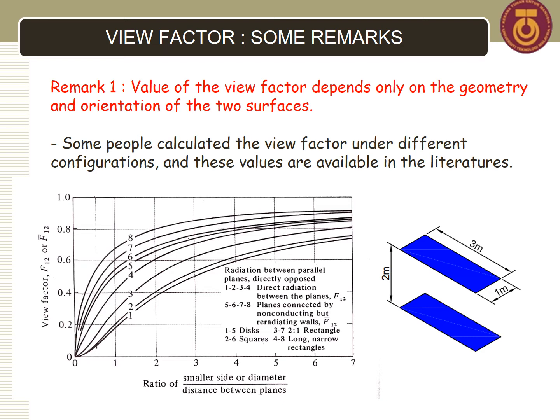Curve number 2 is for a square, and this is clearly not a square, so we only have one choice, that is the long narrow rectangle. Since there are no re-radiating walls between them, we need to refer to curve number 4. I'm sorry, because I'm using a mouse, it's quite difficult for me to draw a straight line. So it would be somewhere around here.